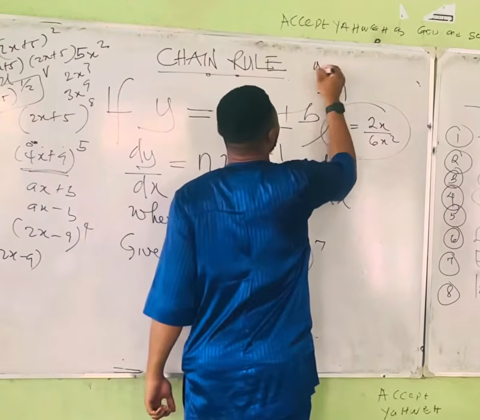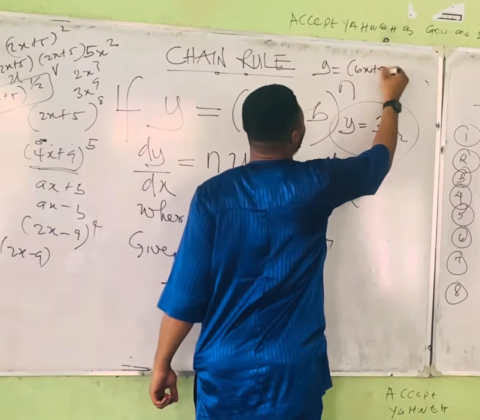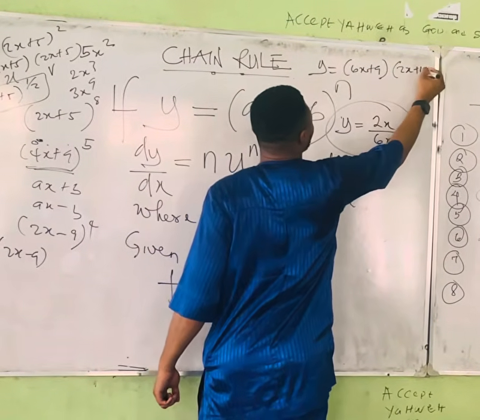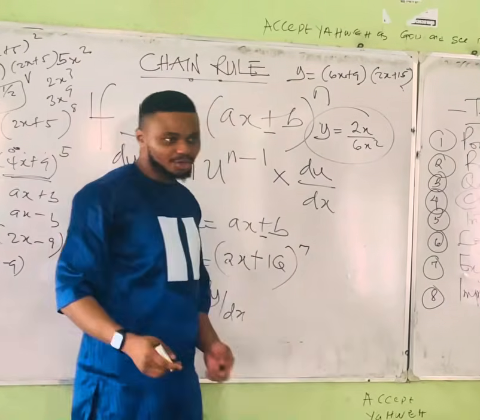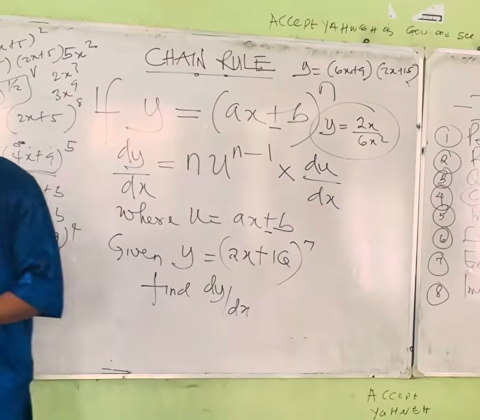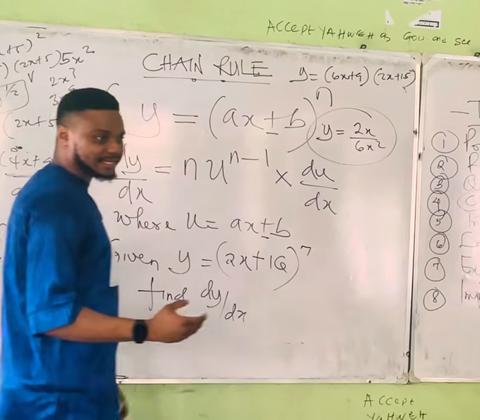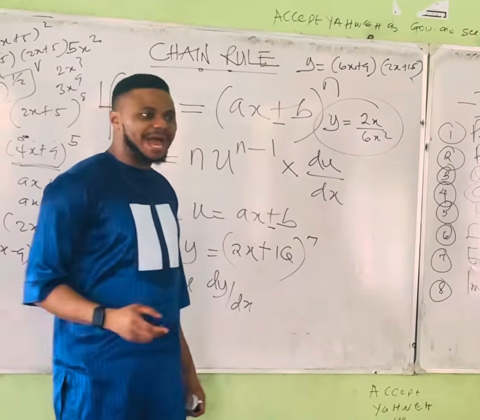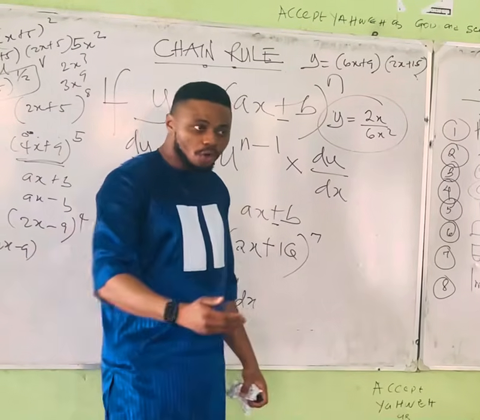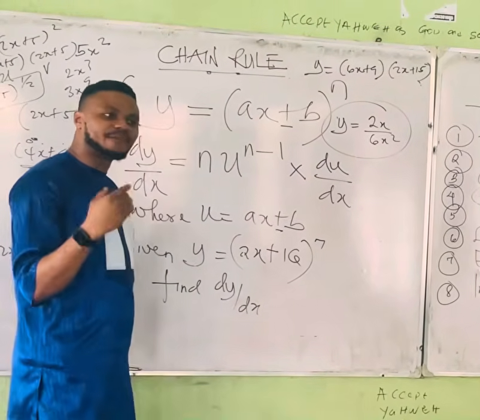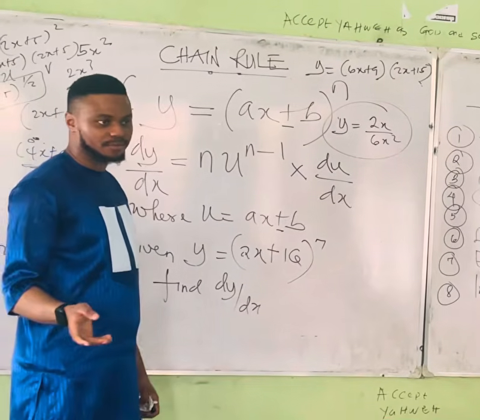If you see y equals 6x plus 9 over 2x plus 15, what rule? Quotient. So by the time you have been acclimatized with the rules and techniques of differentiation, immediately you see a function, you would know the technique to use in finding the derivative of that function.